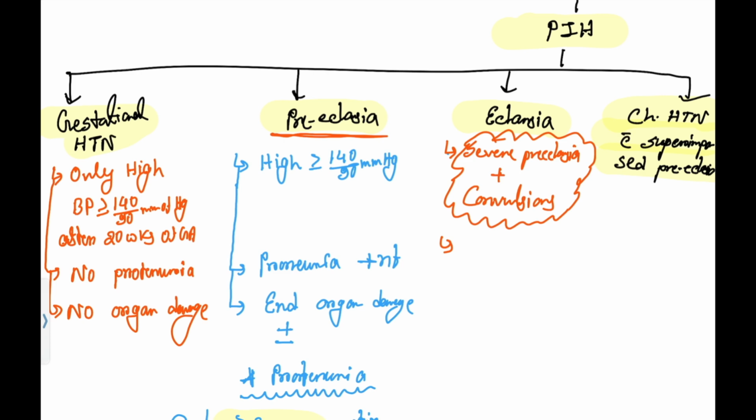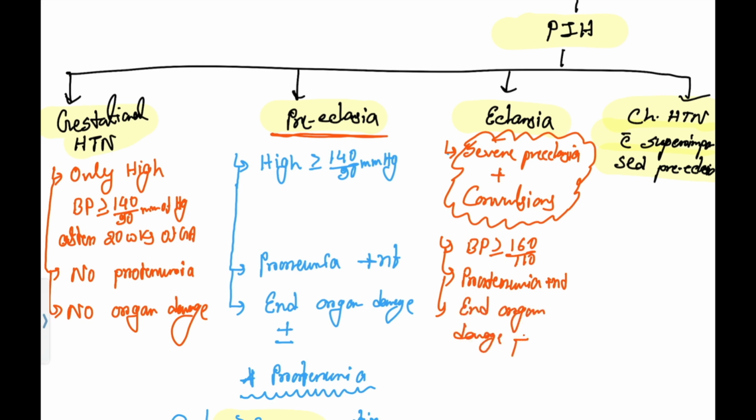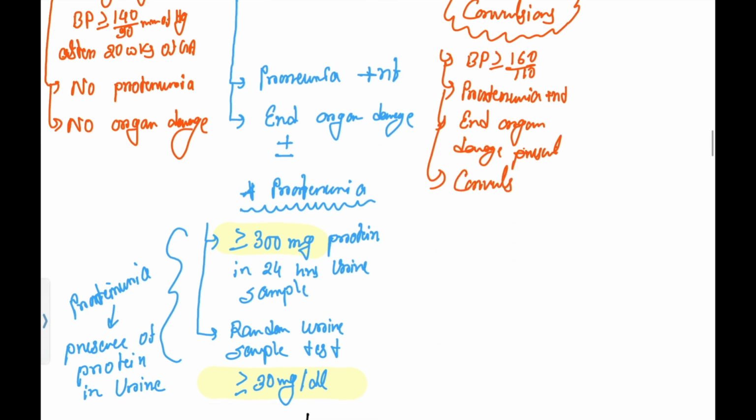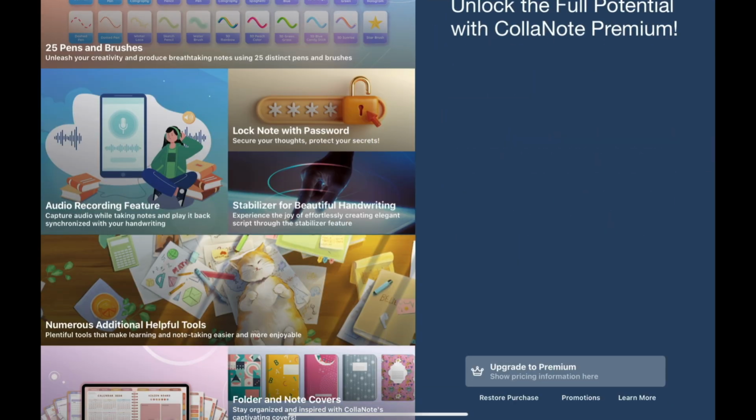Eclampsia will have all of severe preeclampsia's features, like BP more than or equal to 160 by 110, proteinuria present, then end organ damage present, along with that another new thing added, that is convulsions, seizure. Okay, seizure occurs. Which kind of seizures will the mother have? Mother will have generalized tonic clonic seizures.